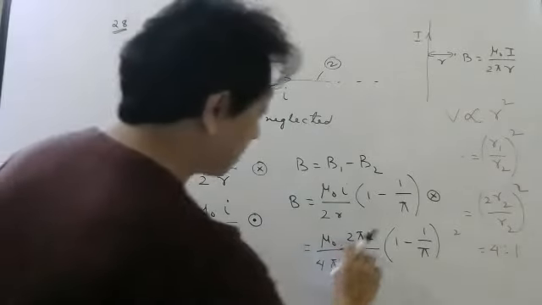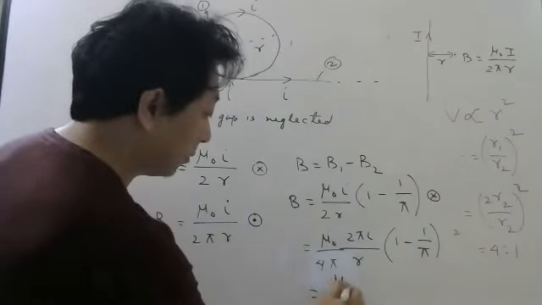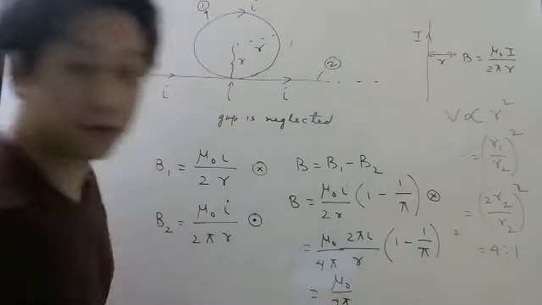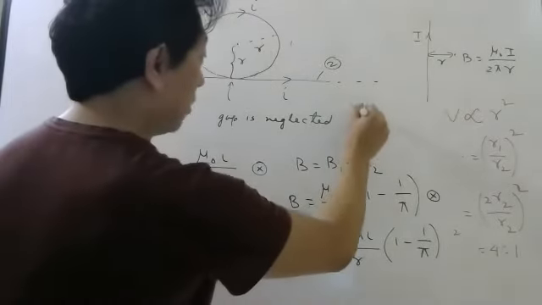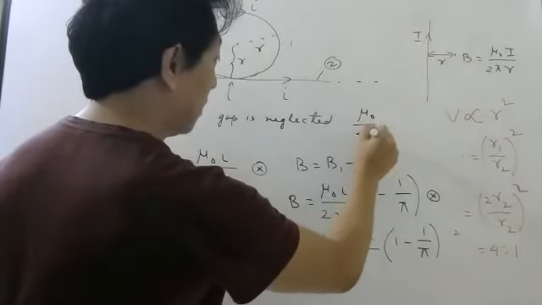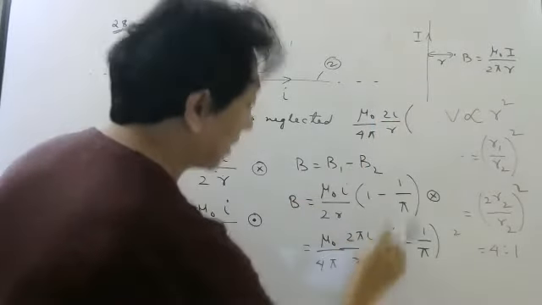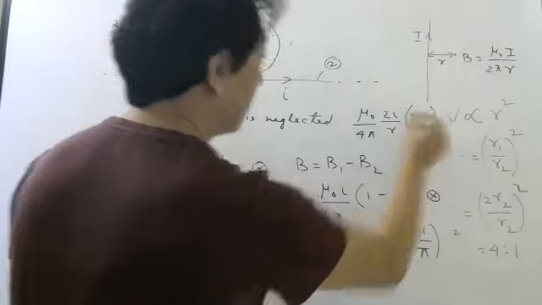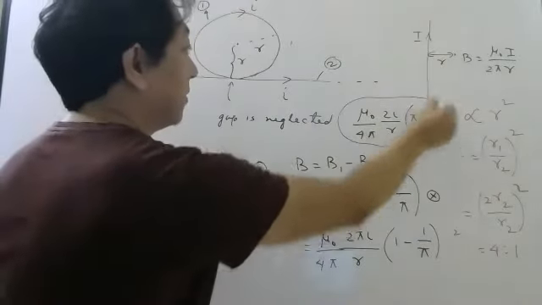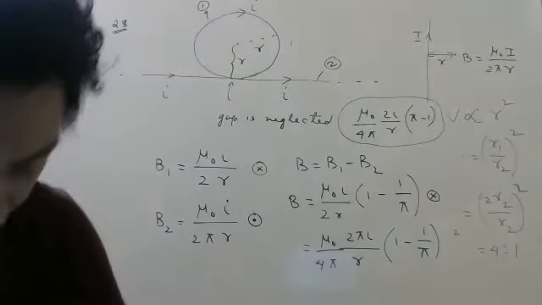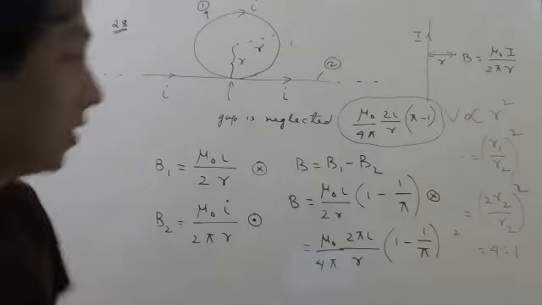So if you put this pi inside, your final answer will be mu naught by 4 pi, 2I by R. Then this pi they have put inside, so it will be pi minus 1. Okay, good. So check which option is this. Option B. Yeah, somebody was saying option B actually.